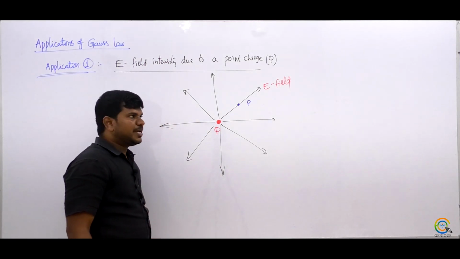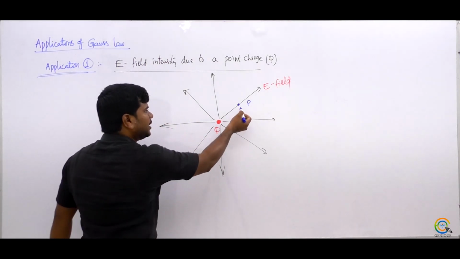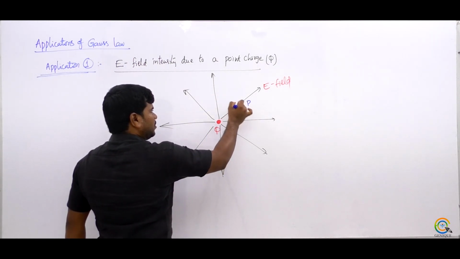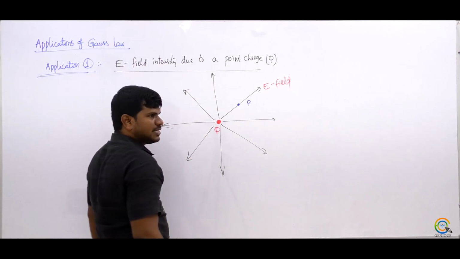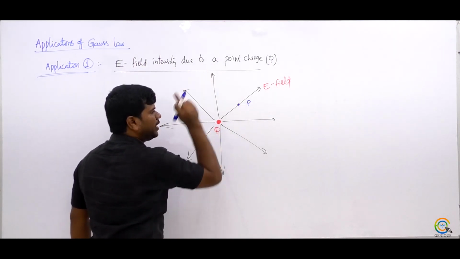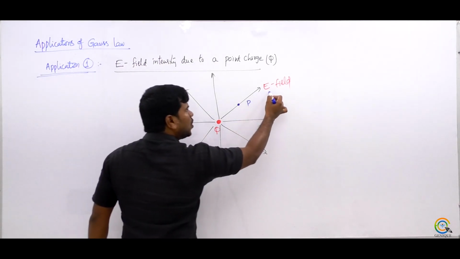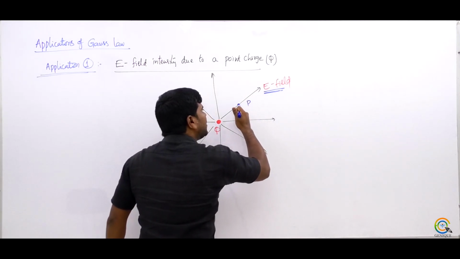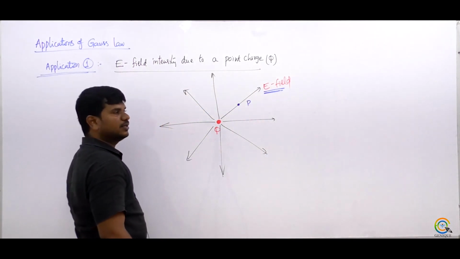So that means at a distance, here the point is present, you have to find the electric field intensity due to this Q. Already we know the electric field will be generated, but how much strength will be present here we have to find. That is the question.